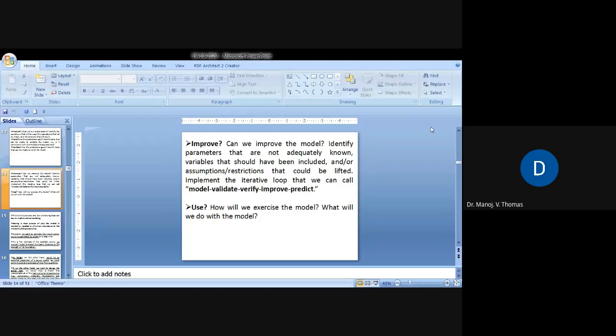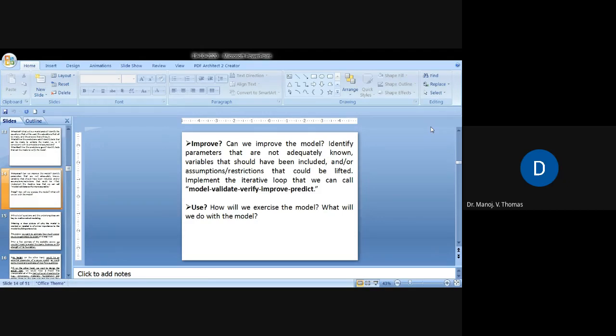Improve is optional, because if in the initial stage your mathematical model is perfect, you included all parameters, and you got the desired output, then you don't need to improve. And finally the predict. So theoretically it is an iterative process.